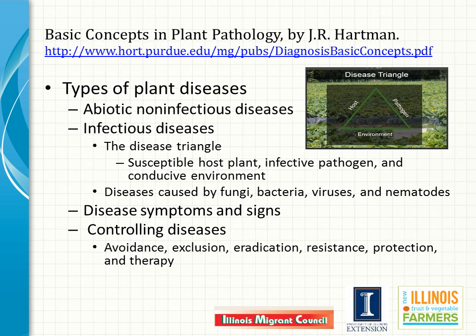In our discussion of integrated pest management, I used Basic Concepts in Plant Pathology by John Hartman as a good general introduction to the management of plant diseases. It discusses non-infectious versus infectious diseases, types of pathogens, symptoms and signs of plant diseases, and various approaches to controlling plant diseases. Let's use this approach and add more details in several categories.